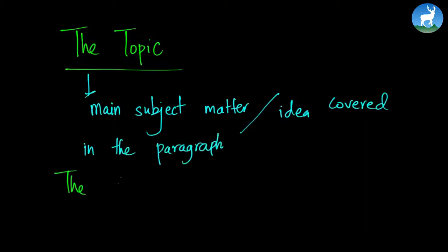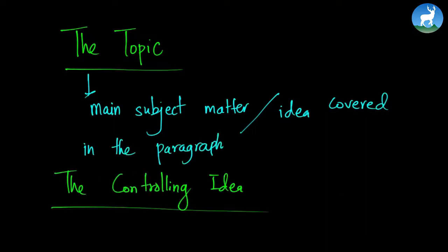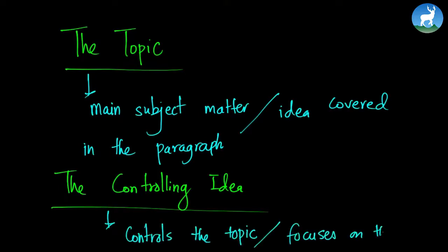What on earth is this thing called controlling idea? The controlling idea focuses the topic by providing direction to the composition, right? So it controls the topic or focuses on the topic. These are the two main ideas. The topic is the main subject matter or idea that is covered in the paragraph.